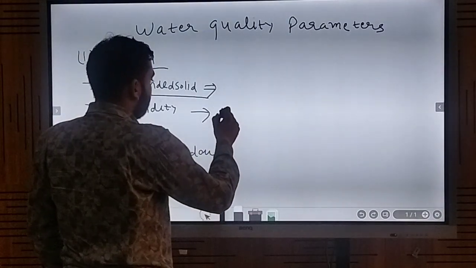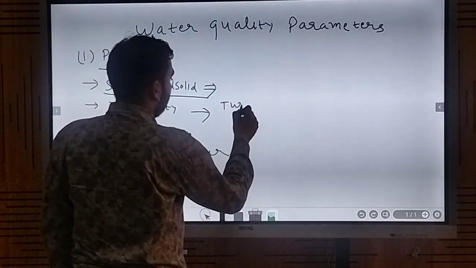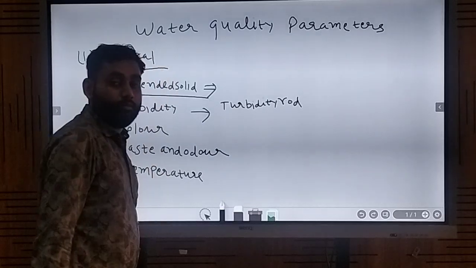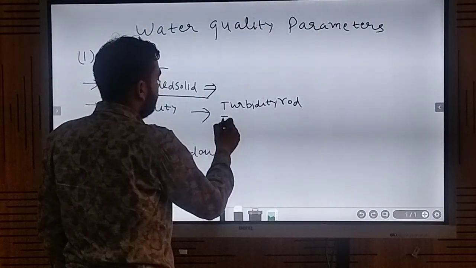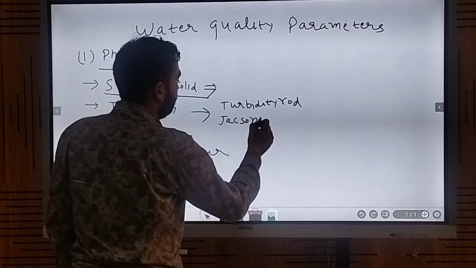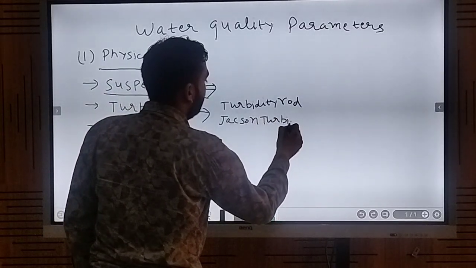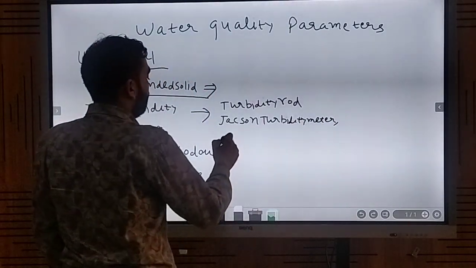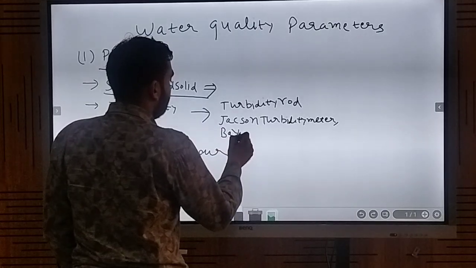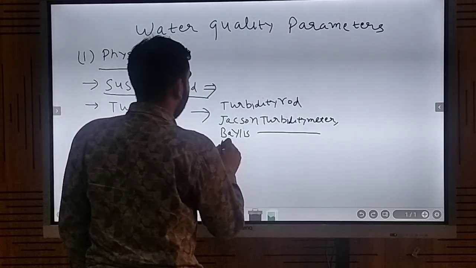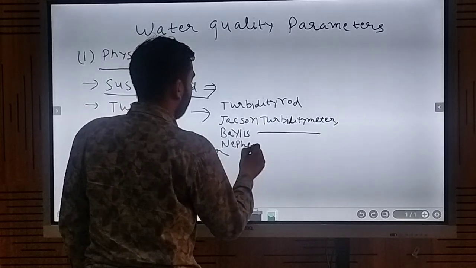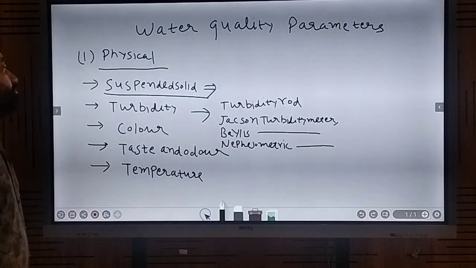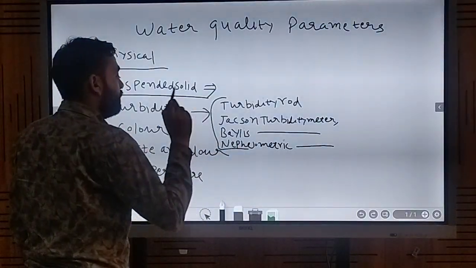Turbidity is measured by turbidity rod, Jackson turbidity meter, Bailey's turbidity meter, and nephelometric turbidity meter. So turbidity is measured by these instruments.